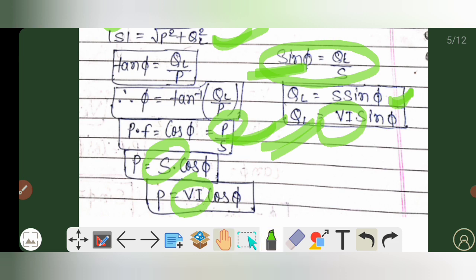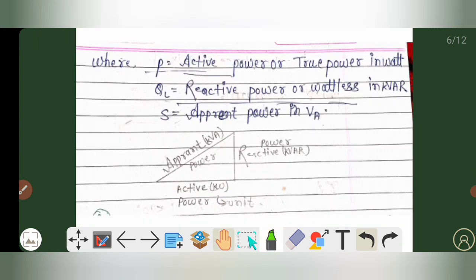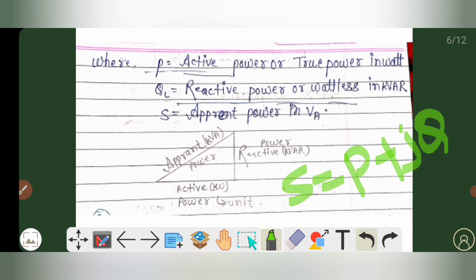Now my dear friends, the next one is, as you can see here, S is equal to P plus jQL. This was basically my equation. We call P the active power or true power, and its unit is watt.